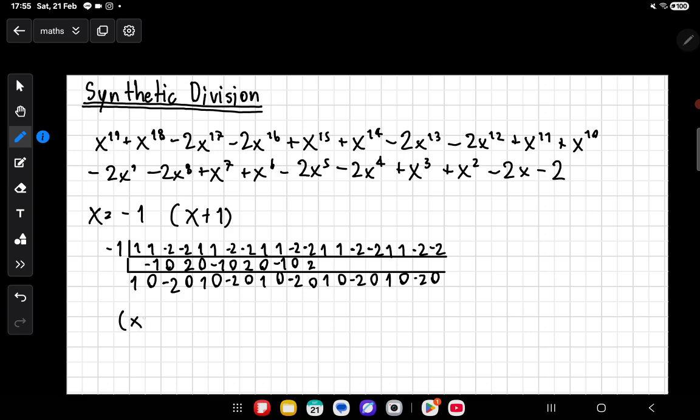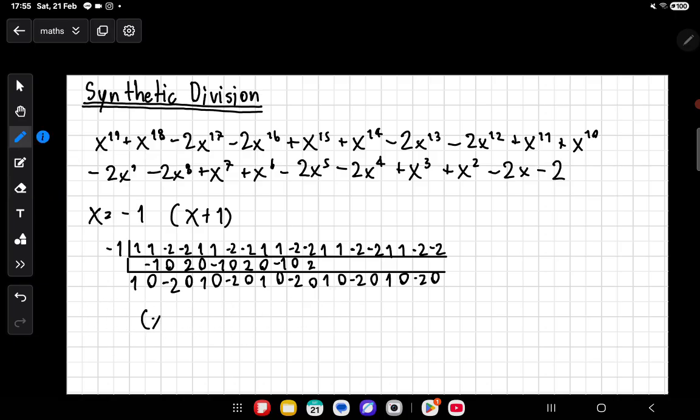So what's this? X to the power of 16 plus x to the power of 12 plus x to the power of 8 plus x to the power of 4 plus 1. Then we have... Wait, sorry.